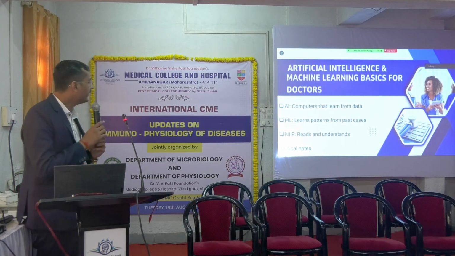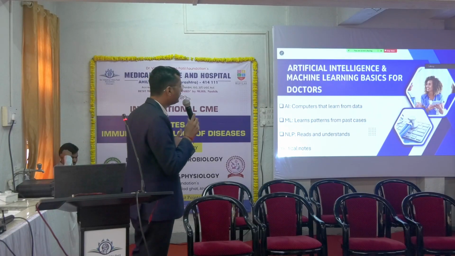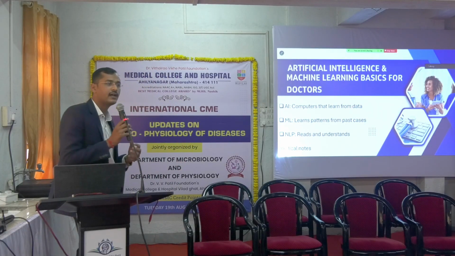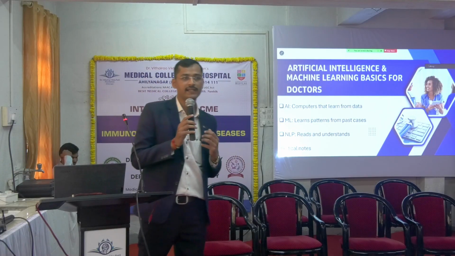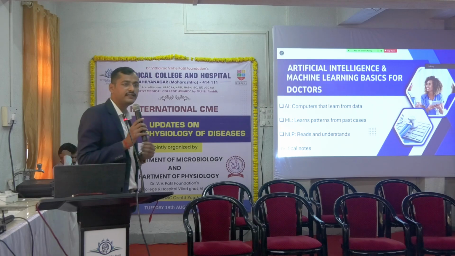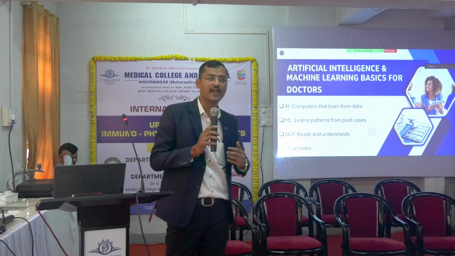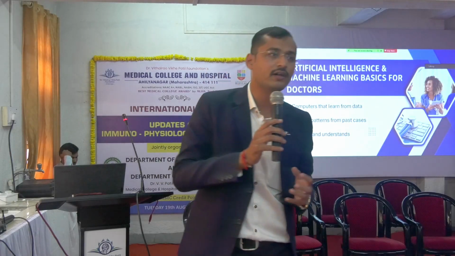Let us see how exactly artificial intelligence is going to help you, but first, what is AI? Artificial intelligence, machine learning, deep learning and natural language processing are very fancy words from the AI field.